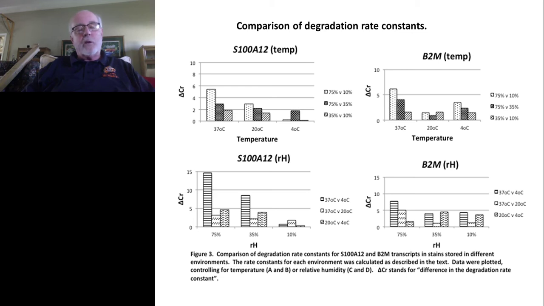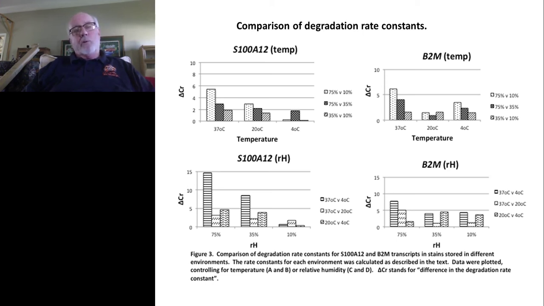And so if we compare these rate constants, if we control for temperature and do comparisons of rate constants for different humidities, or control for relative humidity and assess the effects of different temperatures, the take-home lesson from all of this work is that if you compare at a single temperature, 75% humidity versus 35% humidity, you get about a 2 to 3-fold increase in the degradation rate at the higher value.